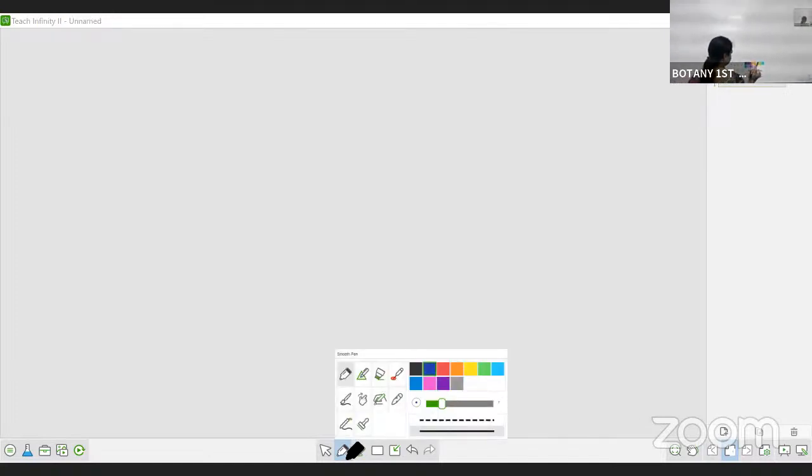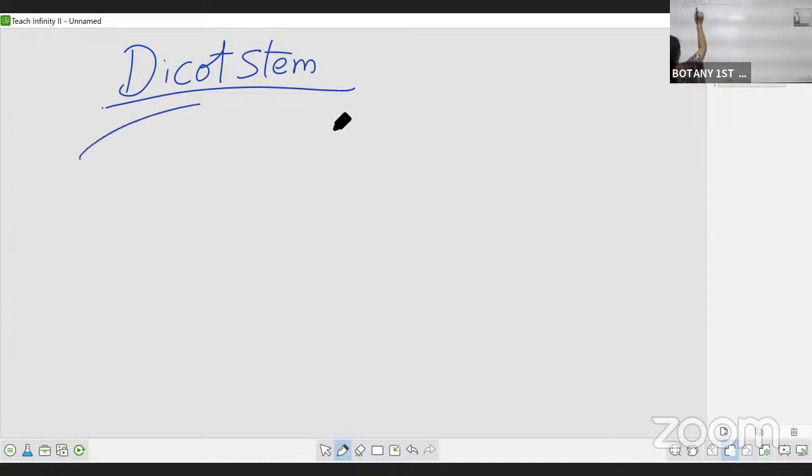So the dicot stem is having the PS of dicot stem. I will go very fast so that I can explain how to draw this and how to answer the question paper also. At the last, I want to discuss that.